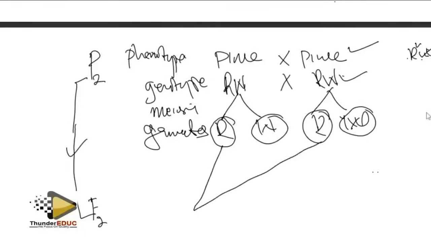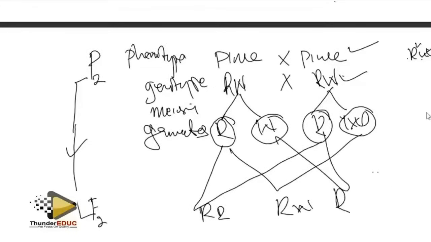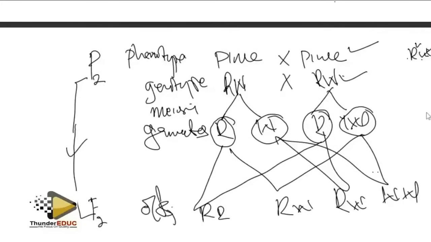So cross capital R, capital W with capital R, capital W. Because I started with R, I will start with R, capital W, and then capital W, capital W. These are offspring.